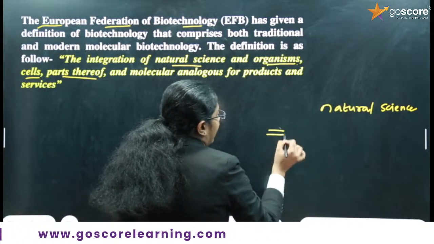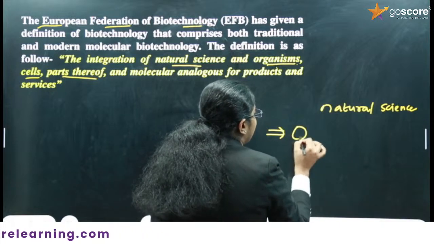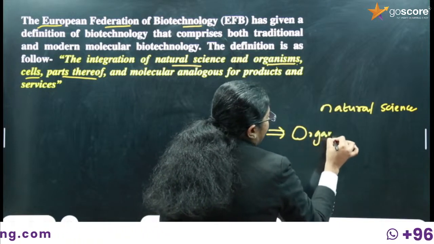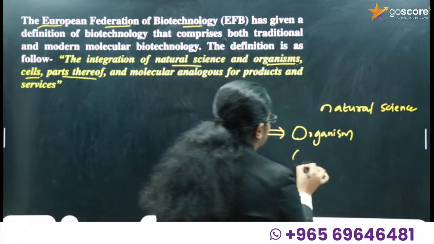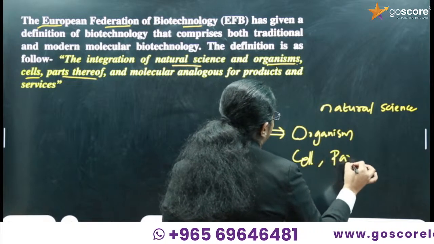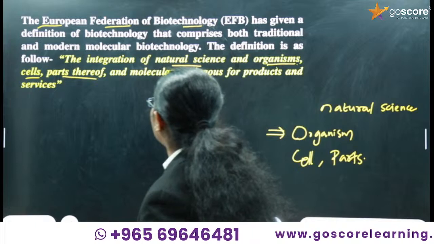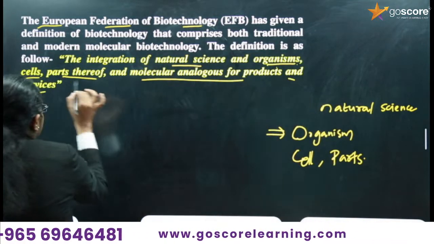Conditions have different steps. Either complete organisms will be taken, or cells will be taken, or parts of the organism will be taken, and molecular analogues of products and services.